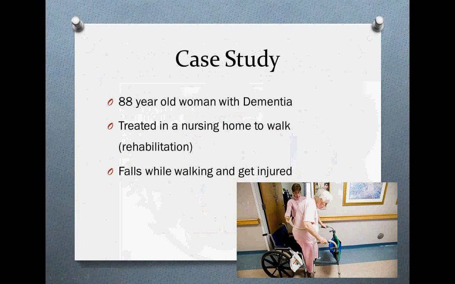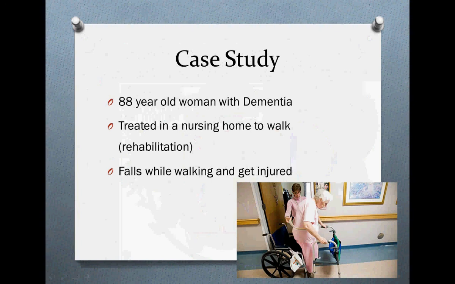So now the doctors have to make the decision whether or not to use a more restrictive restraint instead of just using the psychological restraints. But this patient has dementia, and she is not mentally competent enough to make the decision herself.